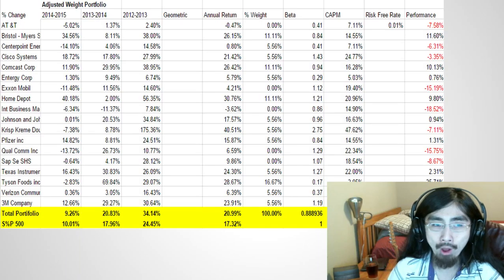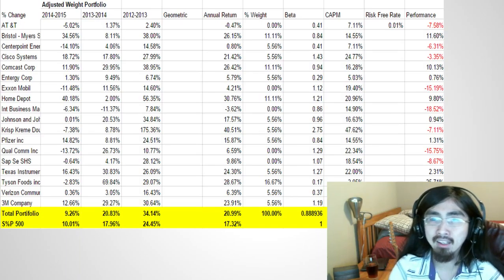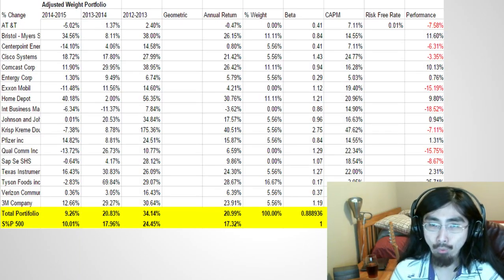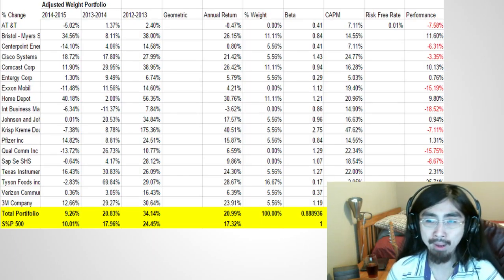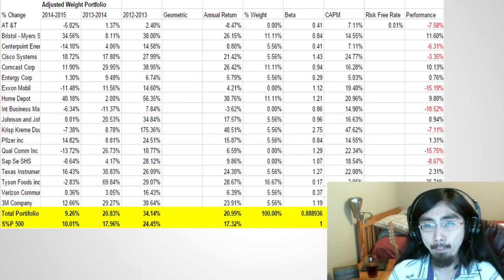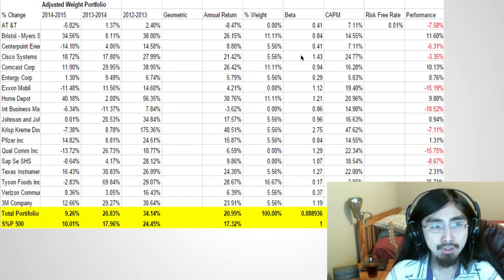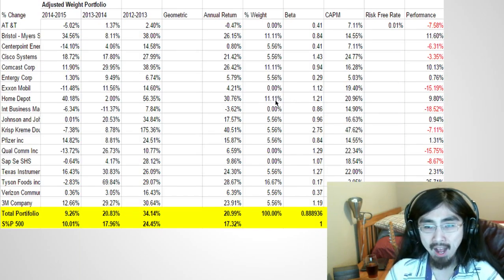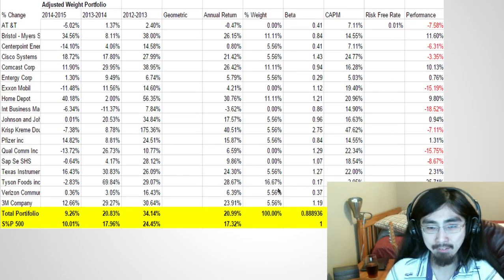Now from that point, I completely got rid of the 5 worst performing companies, and so their weight is now 0. And I redistributed their percent into our 4 best performing stocks. I gave Bristol's, Comcast, and Home Depot 11.11% each, and then I gave our best performing stock, Tyson Food, 16.67%.